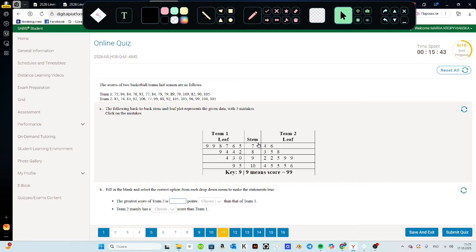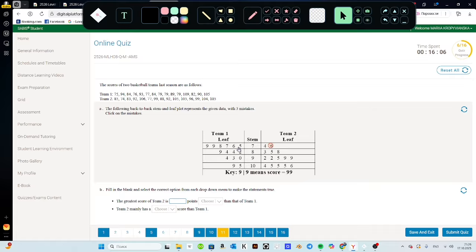So we go either way, and the stem is the most important part, so we don't care which side we go, it stays the same. So we need to find a 74 and a 76 in team 2. So 74, we found one, but 76 is absent. So that is one of the mistakes.